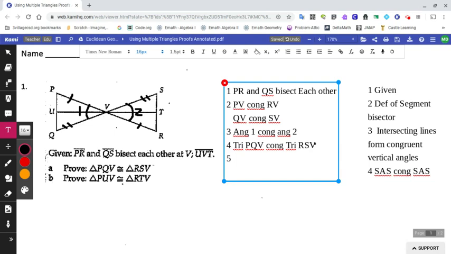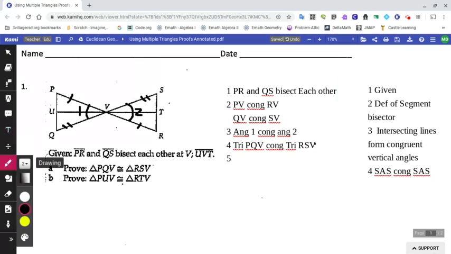So now going on to part B. Since this is all part of the same proof, I don't have to rewrite everything. I can just continue. I've proved part A, so I'm going to move on to part B now. I've already said RV and PV are congruent. The next thing I'm going to do is call this angle in here angle 3, and this little angle in here angle 4.